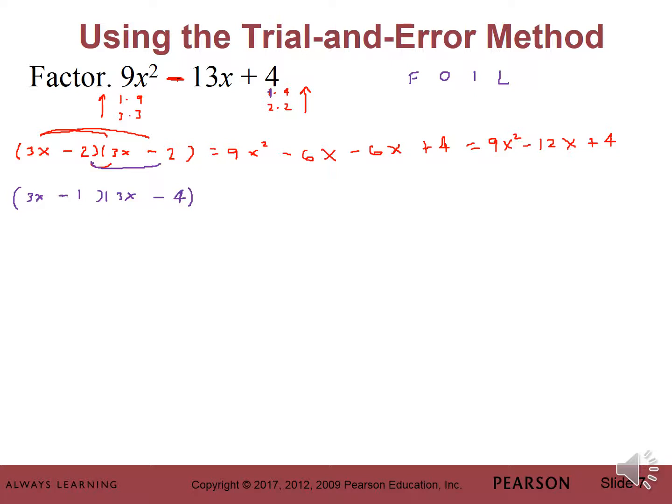So middle term, what are we going to get for this one? Well, outsides is minus 12x.